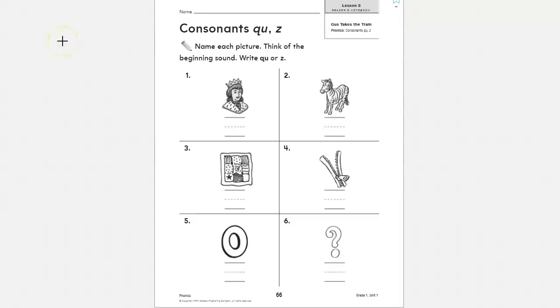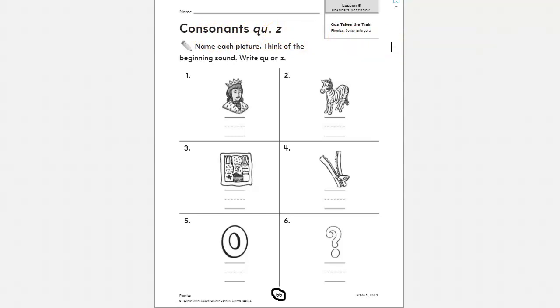For more phonics practice, let's go ahead and open up our reader's notebook to page 66. Our reader's notebook is the one with the cat on the front who is reading a book. If you open to page 66, you will see it says consonants Q, U, and Z, or consonants qu and z.